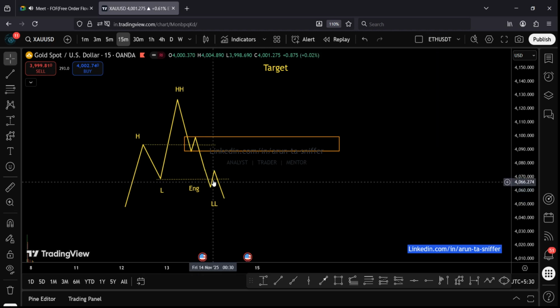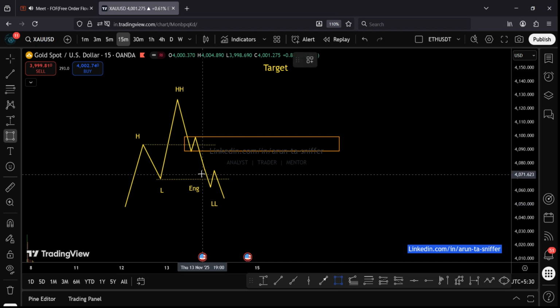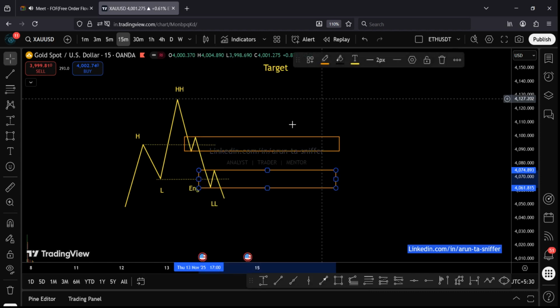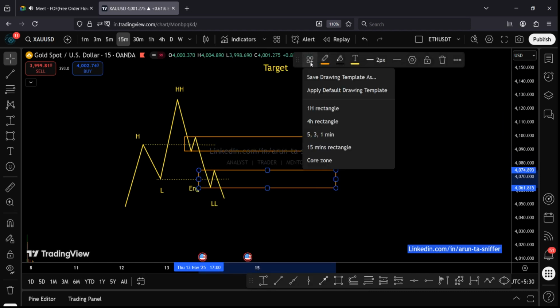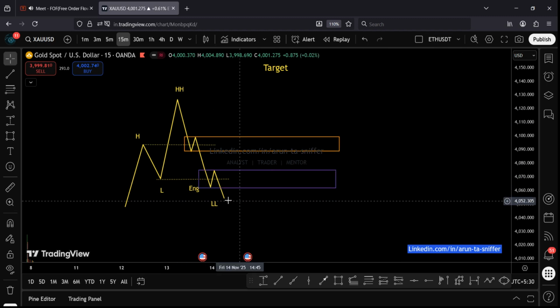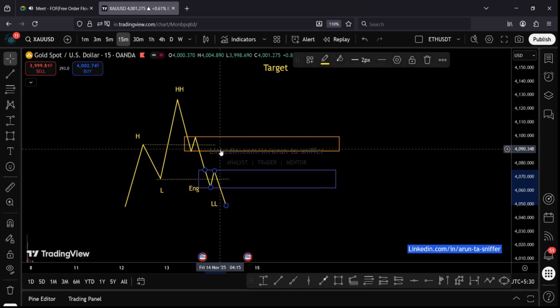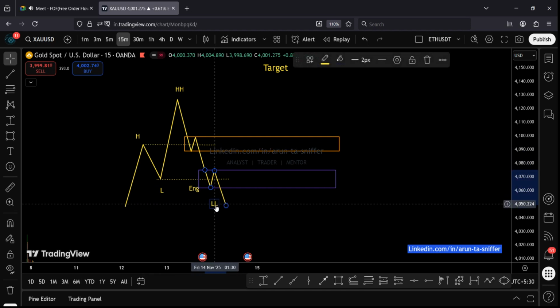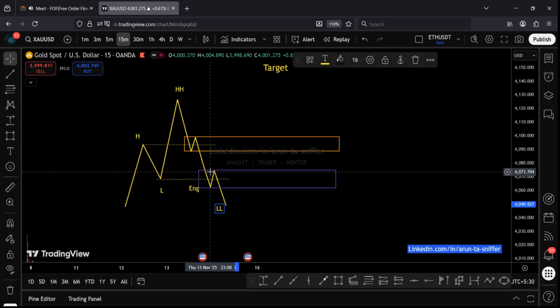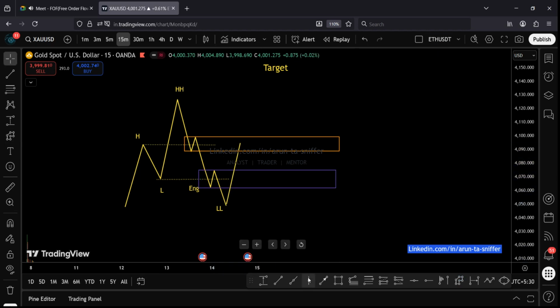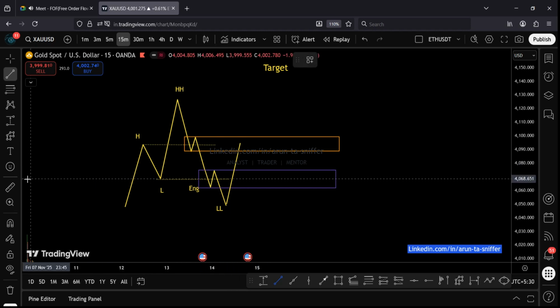What is this? This is our RS. Okay, this is our RS. What is price doing? Price is going to engulf this RS to reach the DP. So here this level is engulfing.